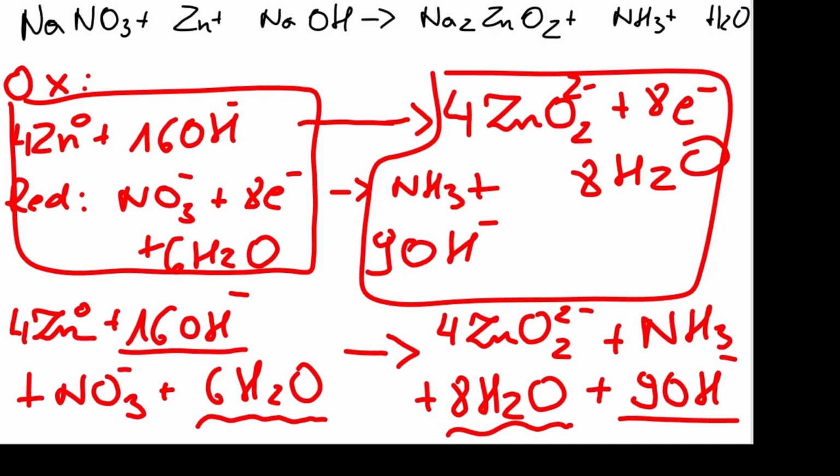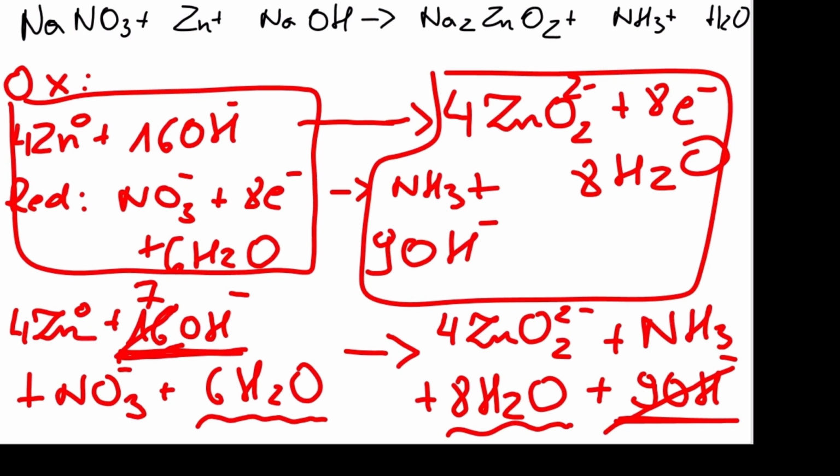If we have 16 hydroxide ions here and 9 hydroxide ions here, we need to remove all 9 hydroxide ions from the right side of the reaction, and we have to subtract from 16 the 9 hydroxide anions. So we get 7 hydroxide anions on the left side of the reaction.